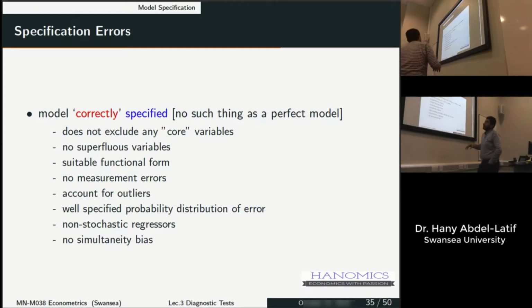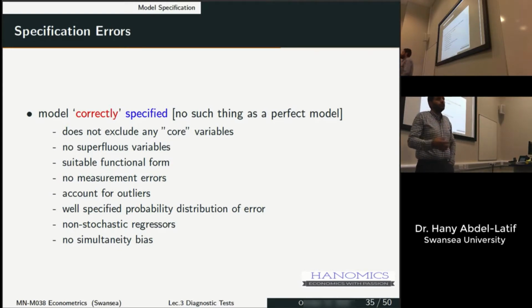Mainly, we should make sure that we include all the important variables in the model. If you want to explain the behavior of a variable called y, then you need to include all the important x's that explain it. Don't just include variables for the sake of including them, they have to be relevant. The second point is that you need to think of your functional form.